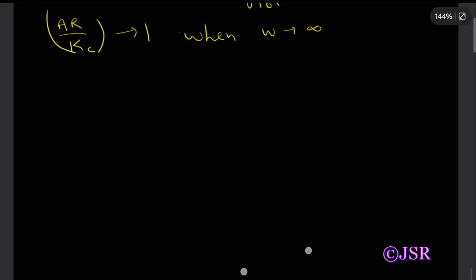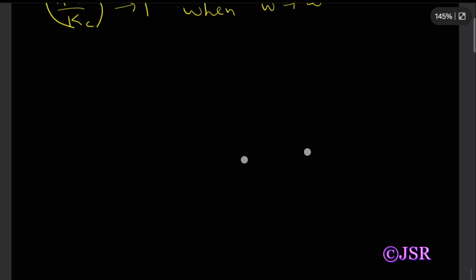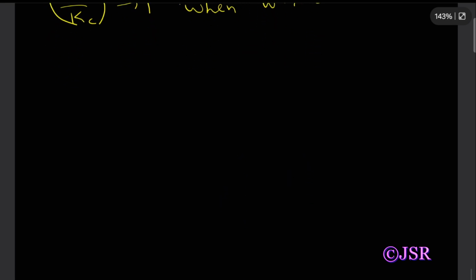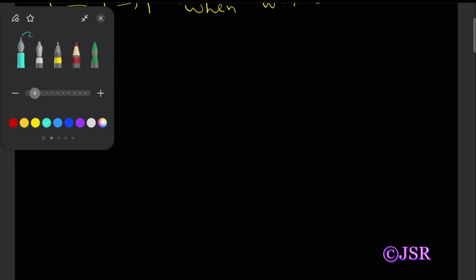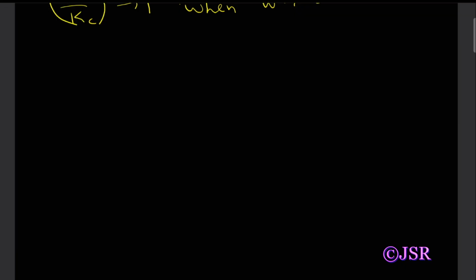So using this information we can now plot the gain plot for the PI controller.